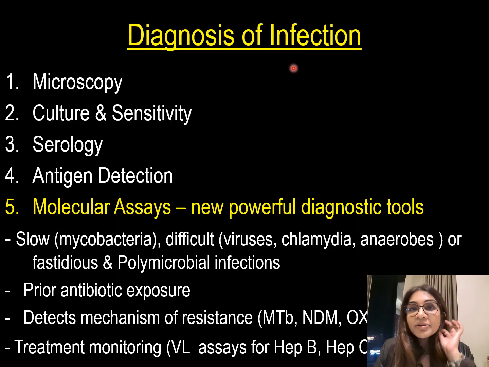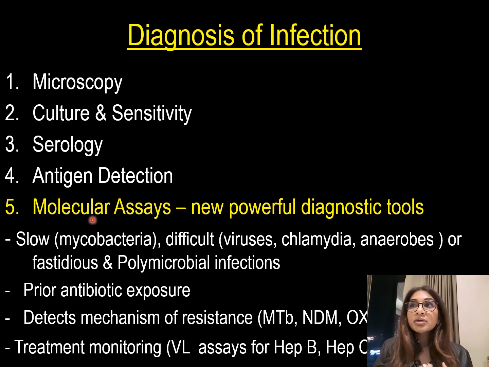Now, for arriving at the diagnosis of infection, there are several approaches which can be adapted, which include microscopy, culture and sensitivity, serology, antigen detection, as well as molecular assays. All of these are very important and they have their niche areas.